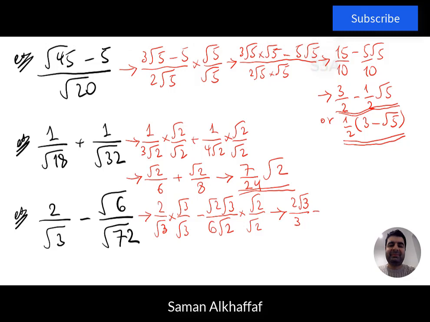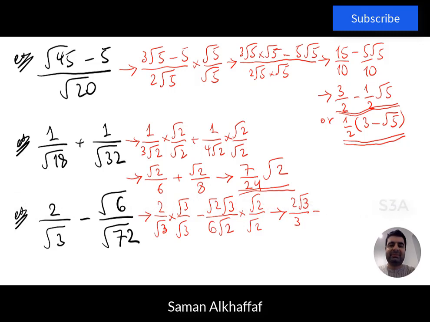Take away, so here we have root 6 multiplied by root 2, so we can keep it as root 3, because we can take it as common and simplify this by taking some of the roots from each other.